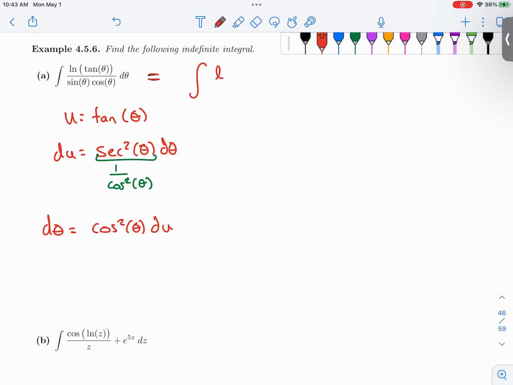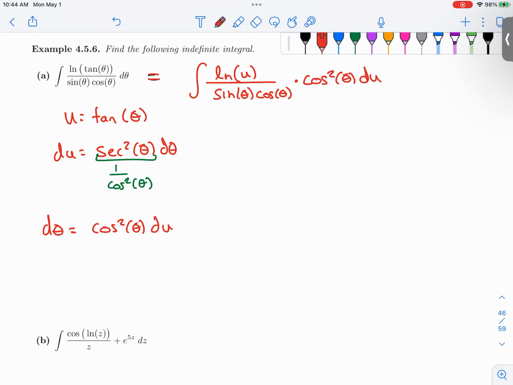It's the integral of ln of u divided by sine of theta, cosine of theta, times cosine squared theta du. Now here's where things get interesting.